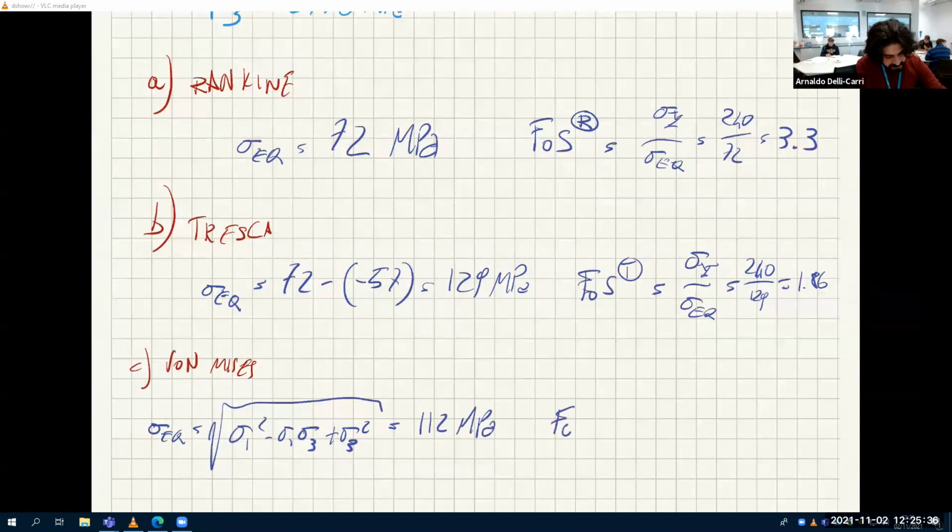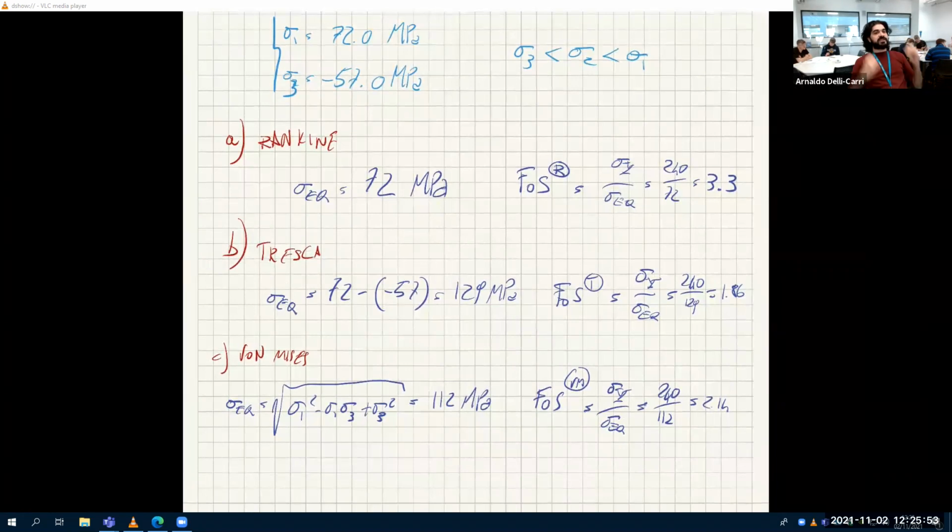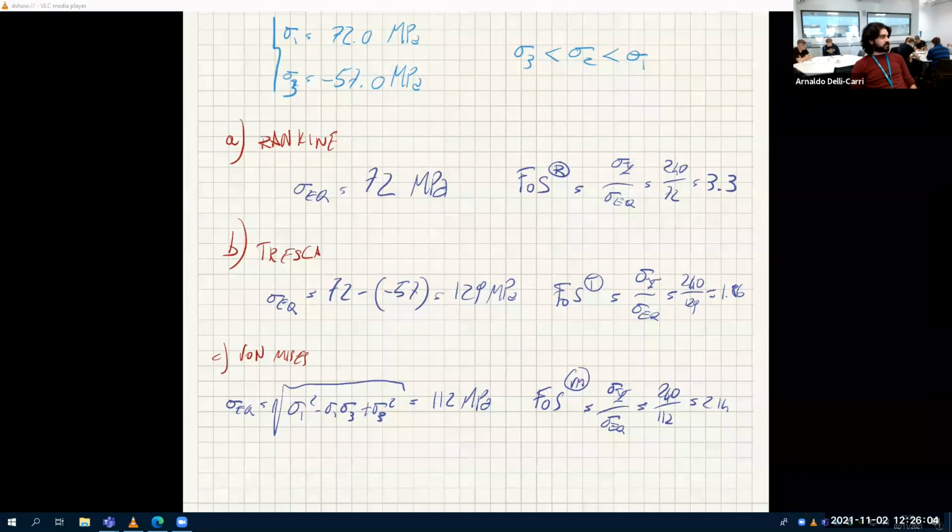So the factor of safety, according to von Mises, is sigma yield divided by sigma equivalent, 240 divided by 112. How much is this? 2.14. Now, question. Which one of these criteria is the most conservative? Tresca, because it gives you the smallest safety factor.